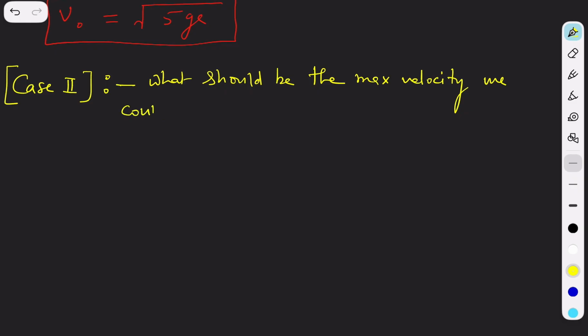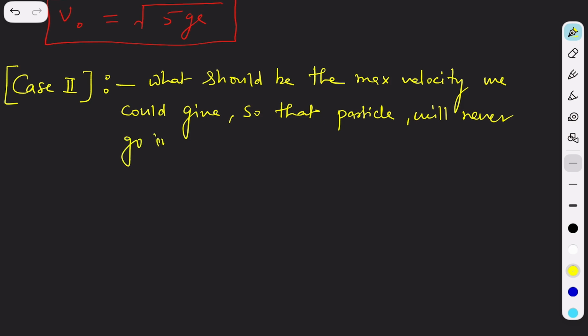so that the particle will never go in the upper half of the circular path. Guys, this is the question.